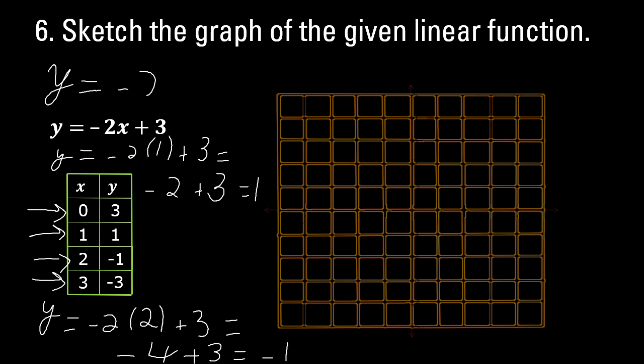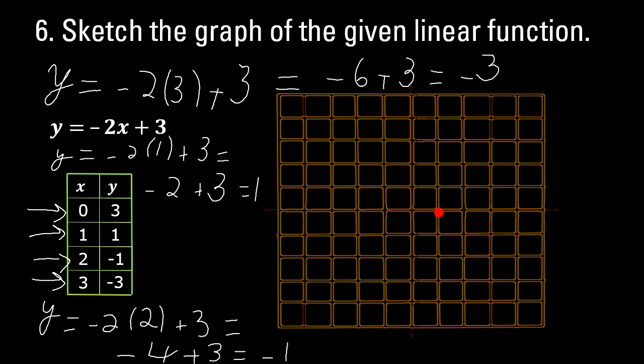So that's -2 times 3 plus 3. I don't know why I got it as -3, so that's -6 plus 3, that's -3.